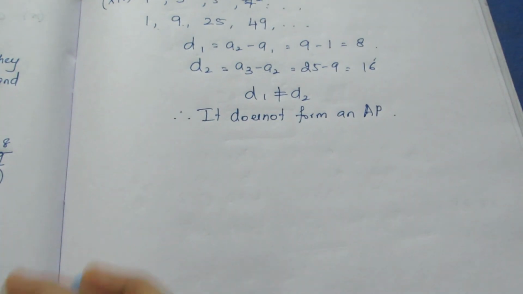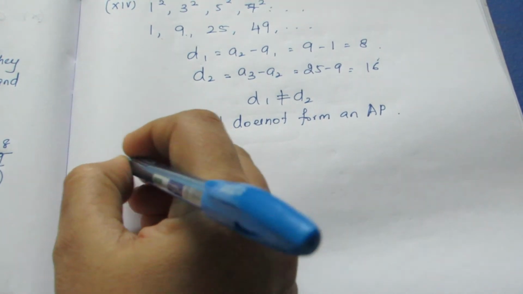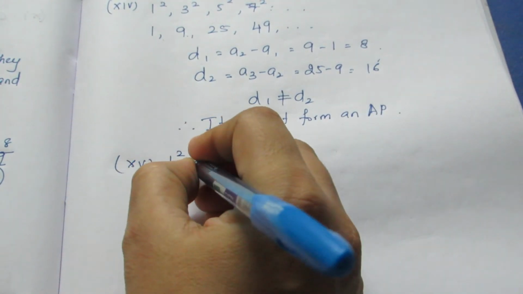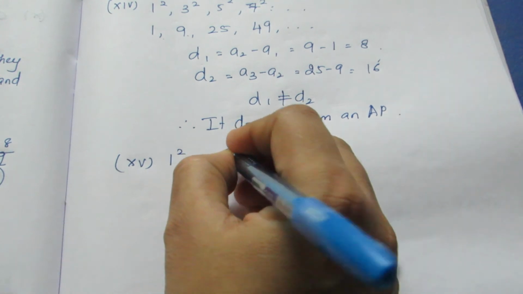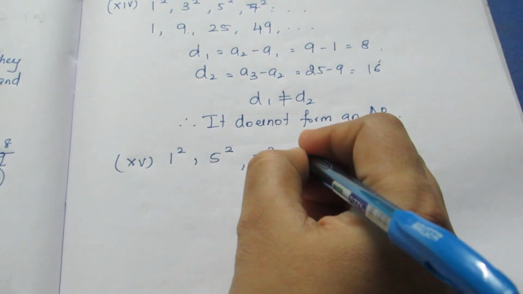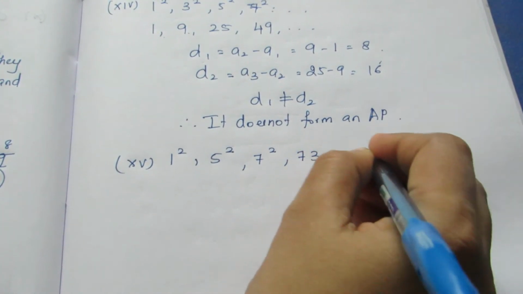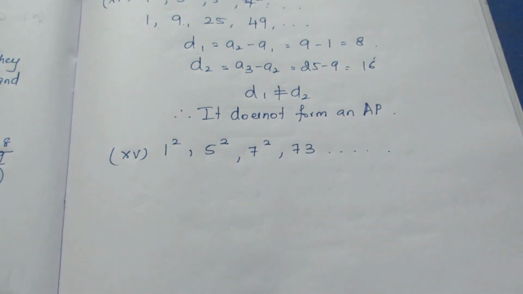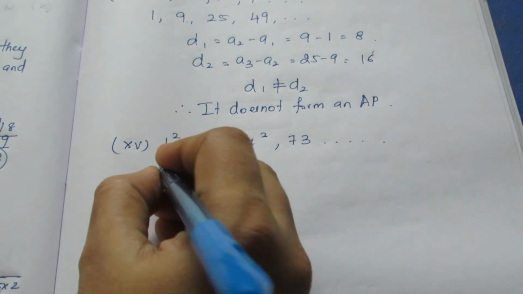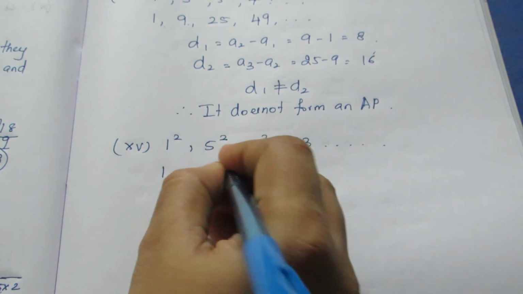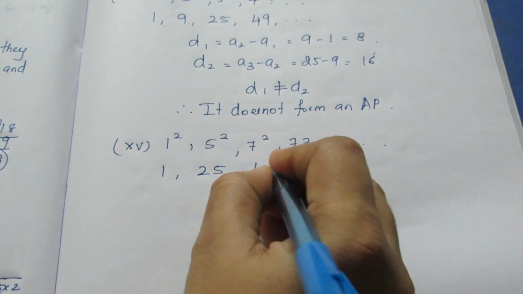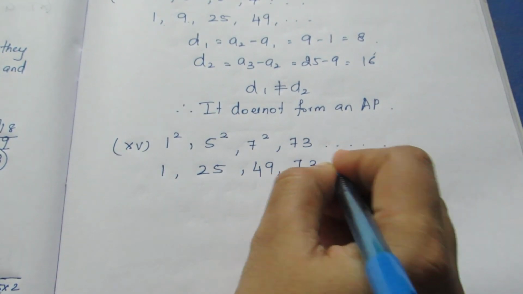We'll move on to the 15th one. The 15th question is 1 square, 5 square, 7 square, 73. Here 1 square will become 1, 5 square will become 25, here 49, here 73.